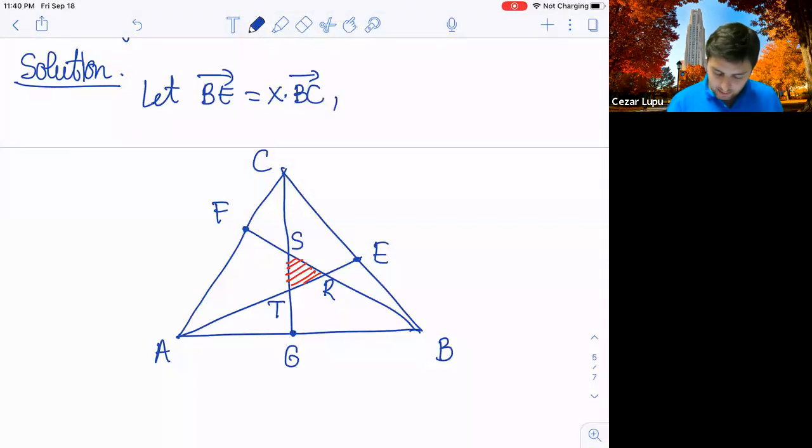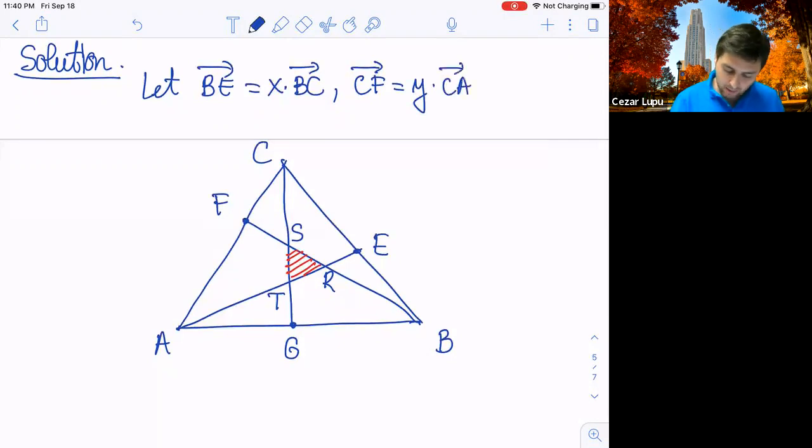CF will be Y times vector CA. Keep in mind the orientation here. And also we can say that vector AG, keeping the same orientation, is some constant, let's say Z times vector AB.